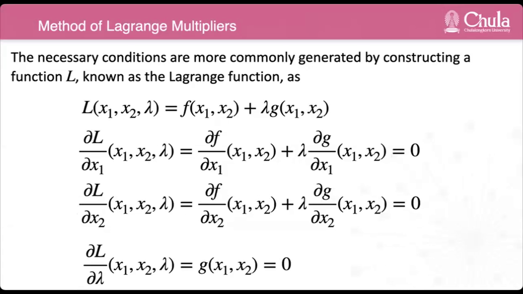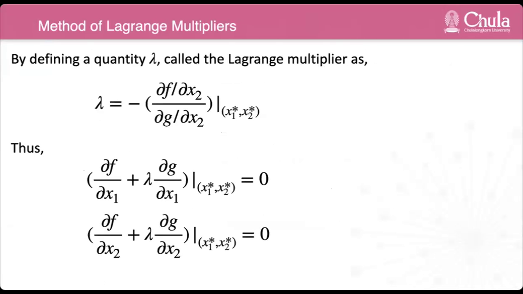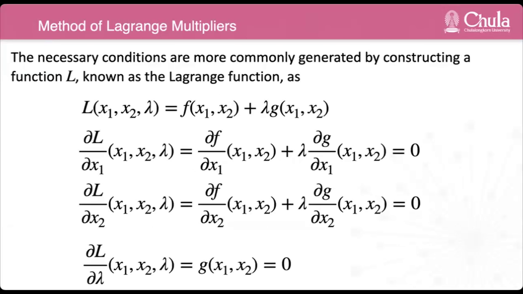And the last one, if we find the derivative of the Lagrange function by the Lagrange multiplier, we obtain the equality constraint. All of them match the necessary conditions.